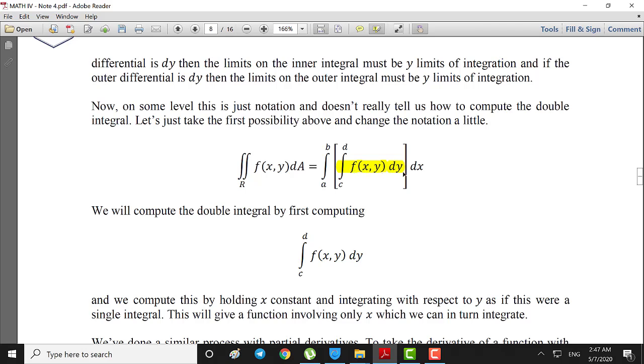The result of this integration in which y changes is going to be a function of x, as you're going to see in the examples. And the result is going to be the integrand of this bigger integral, for which x is the variable.